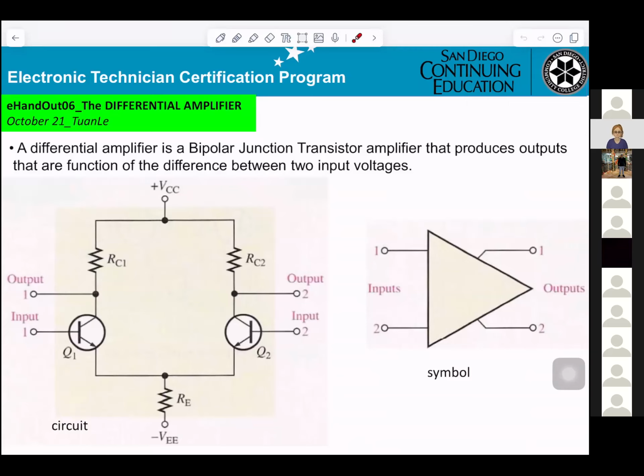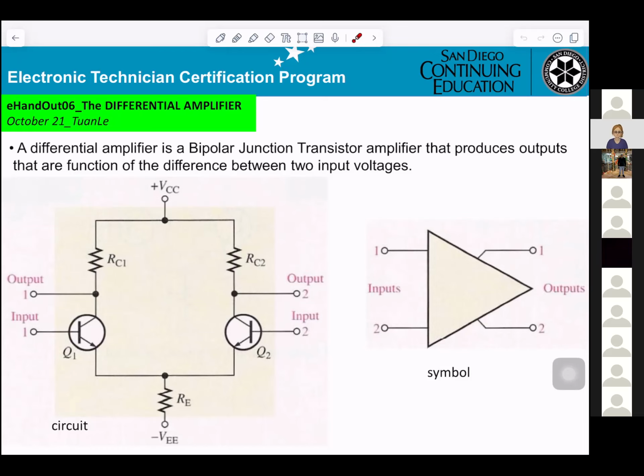A differential amplifier is a bipolar junction transistor amplifier that produces output that is a function of the difference between two input voltages.